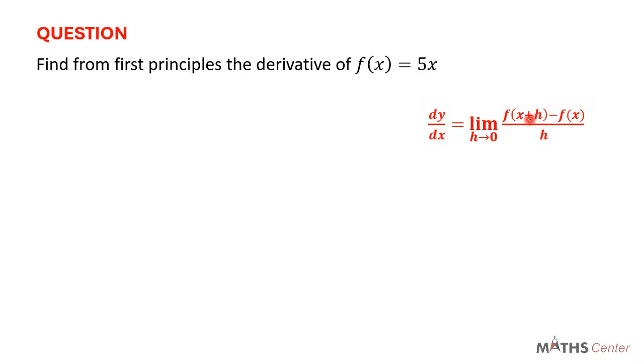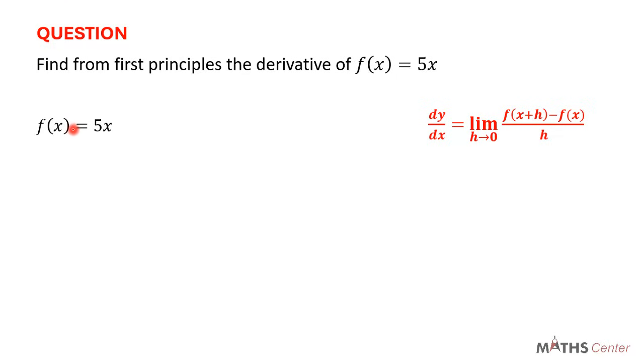So here, to use this, we will first have to find f of x plus h. We already have f of x. Then we will subtract f of x from f of x plus h. We will divide it by h. Then we will find the limit as h approaches 0 of the resulting function. Okay, so let's do that.